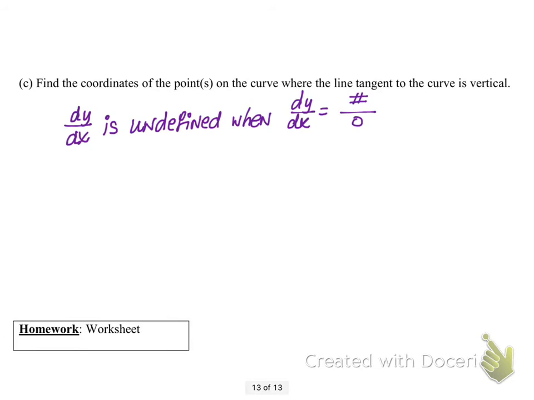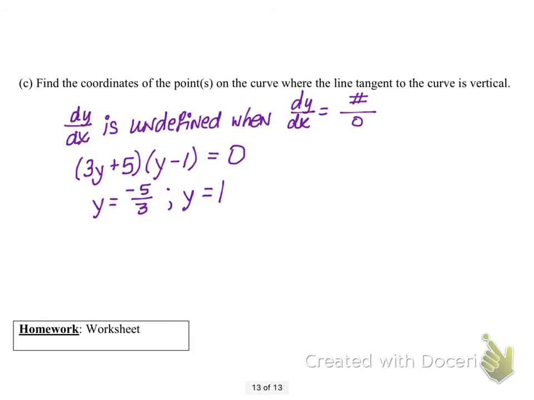And dy dx is undefined, again, when the denominator is 0, because you cannot divide by 0. So we are going to set our denominator 3y plus 5 times y minus 1 equal to 0. So we have found the y values when the slope is undefined. Now we need to find the x values.